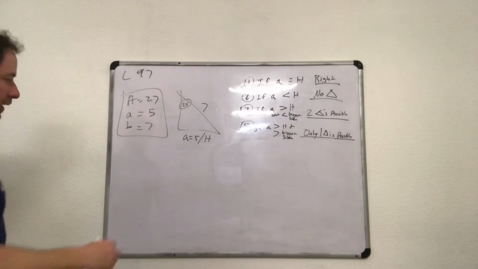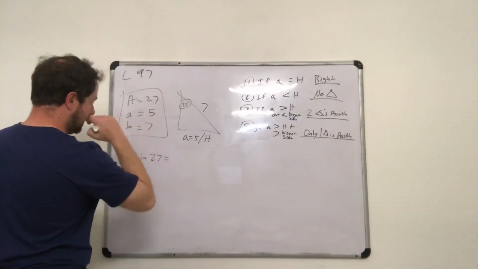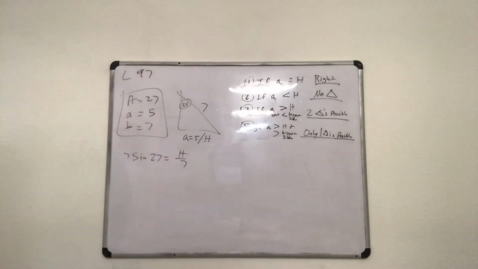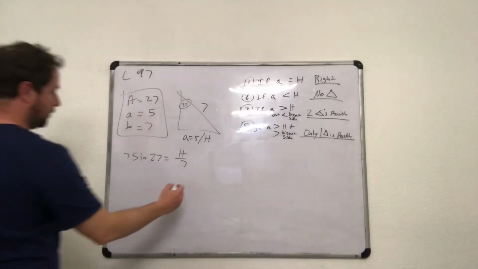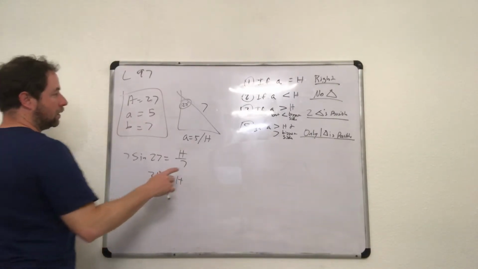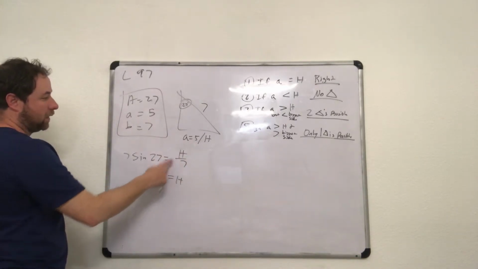Here's another type of these. We get sine of 27 equals H over 7. Multiply both sides by 7. When you do that, we get H is 3.18. So A is not equal to that.